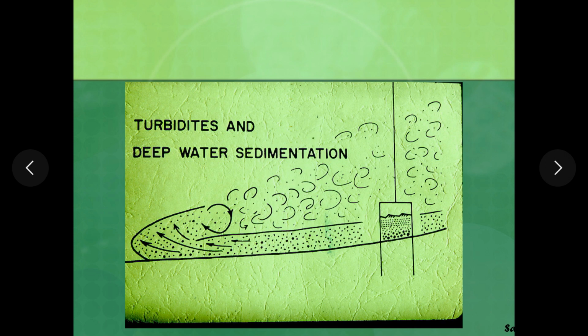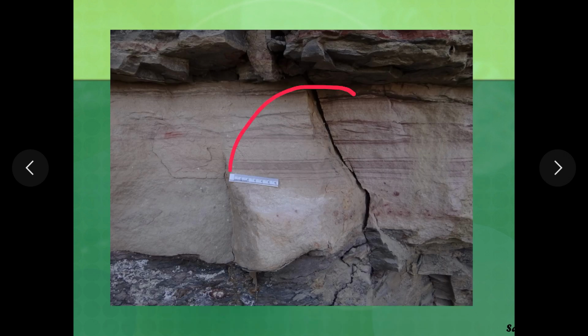The Bouma sequence is deposited in the form of turbidity currents. If you remember, in the last semester you studied deposits of debris flow, grain flow and turbidity flow. Deposits of turbidity currents result in this kind of sequence of sedimentary structures, which is called the Bouma sequence.